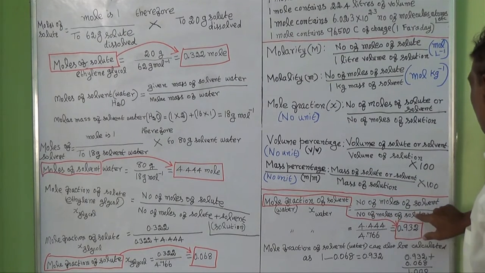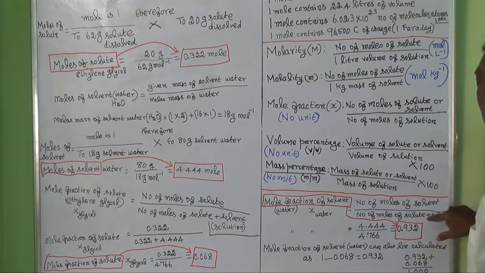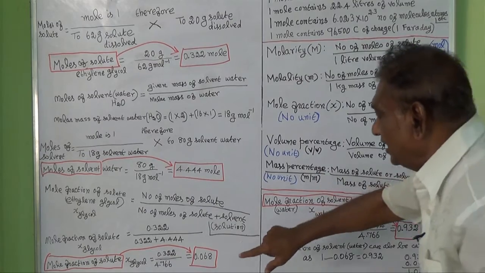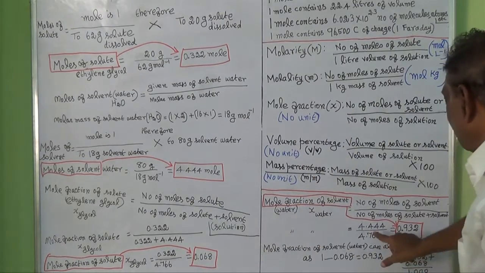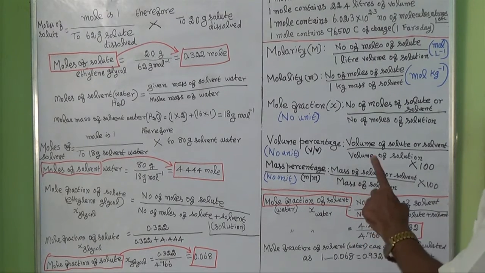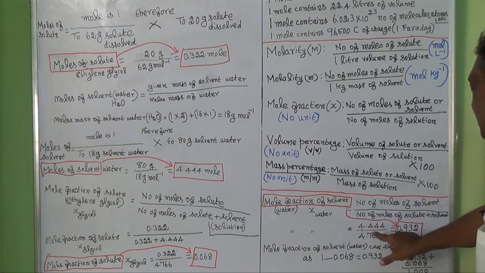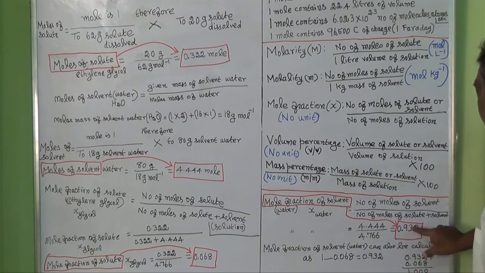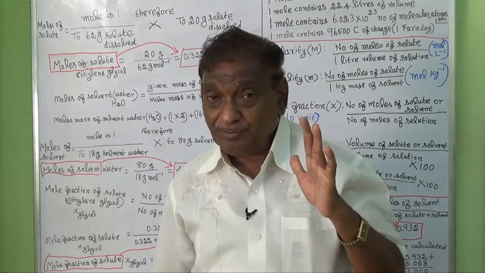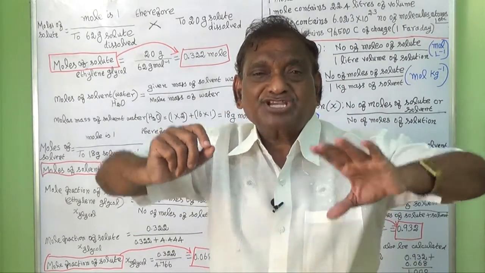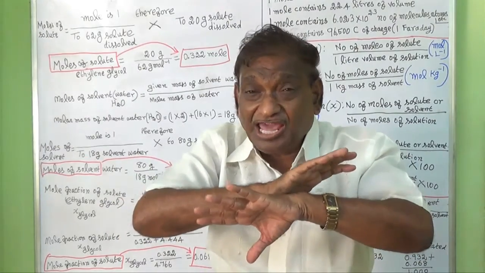The number of moles of solute plus solvent has already been determined as 4.766. If we divide 4.444 by 4.766, we will get the mole fraction of solvent as 0.932.